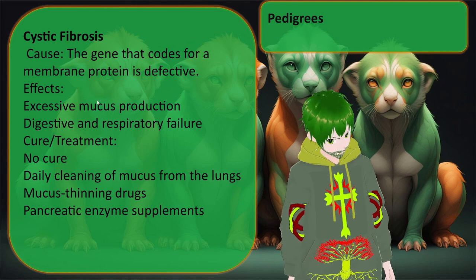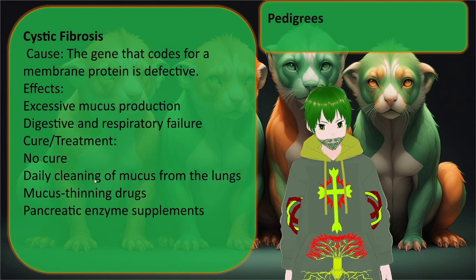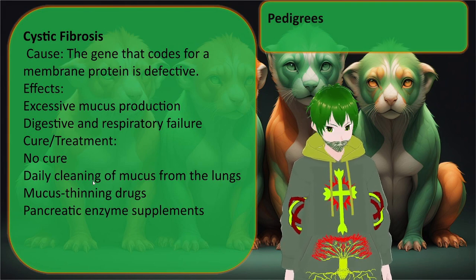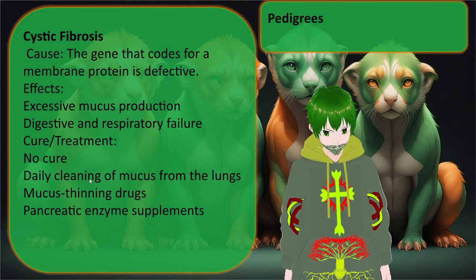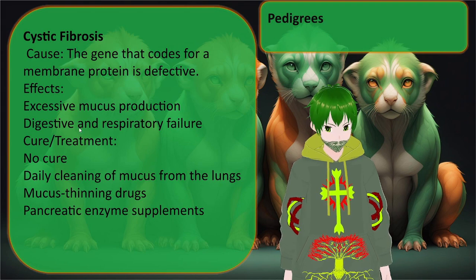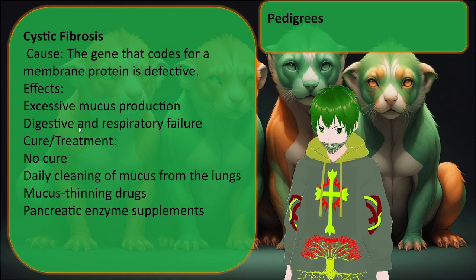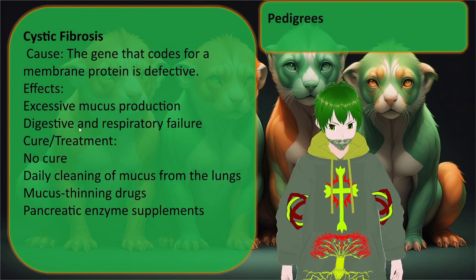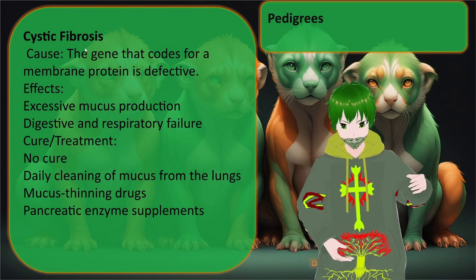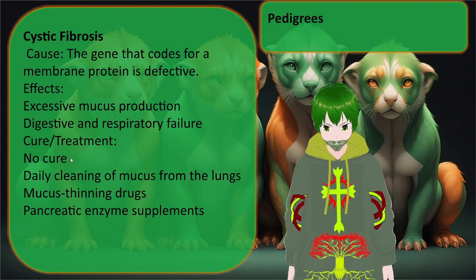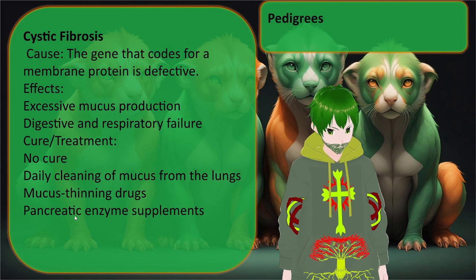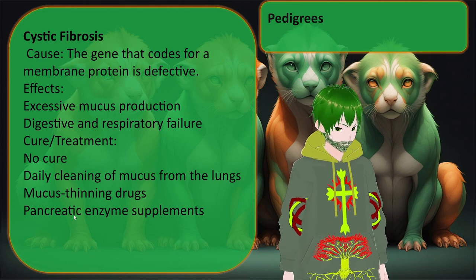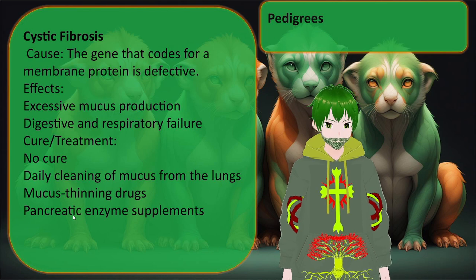However, with constant treatments that are aerosolized, you breathe them in, the mucus can be thinned and the body can then excrete it. There have been individuals who have lived past 20. In fact, the life expectancy for someone with cystic fibrosis has increased markedly in the last 20 years because the treatments have become more and more effective and more available to more people.